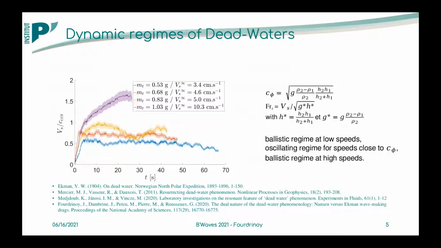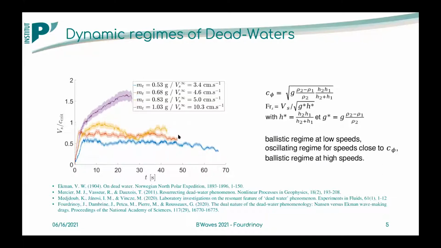If we measure the speed of the boat over time, we can define three behaviors. In the first, when the Froude number is small in front of 1, called the subcritical ballistic regime, the boat reaches a low asymptotic speed. In the second, called the oscillating regime, in yellow here, the speed of the boat oscillates around an average speed close to Froude number equals 1.